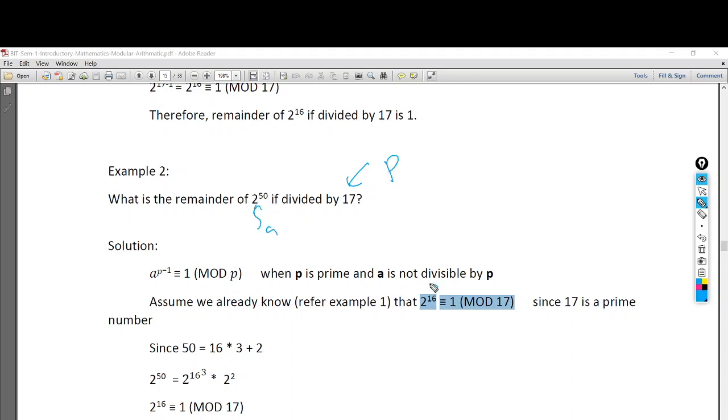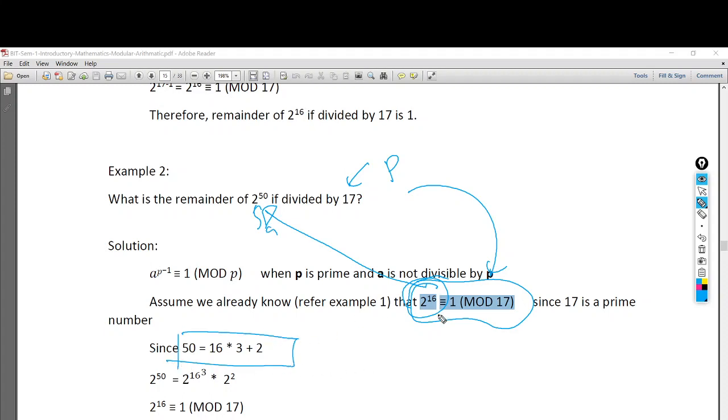From there you come up with this formula using Fermat's little theorem. Then try to get this one by applying valid modular arithmetic rules. Usually you have to write it like this. Then from here you should be able to get into this one. So then the right hand side has the answer.